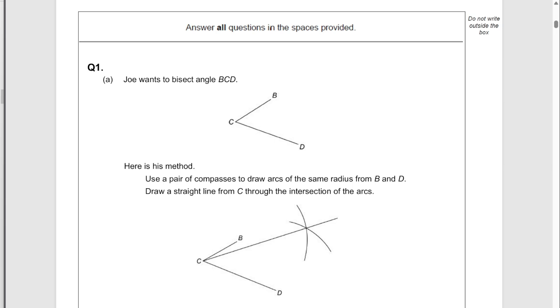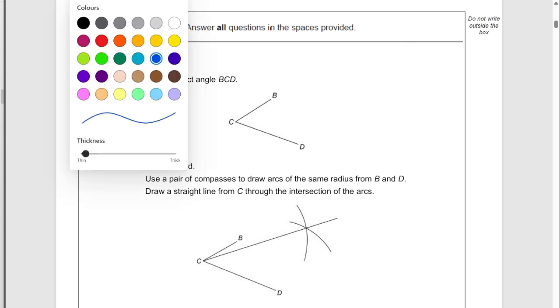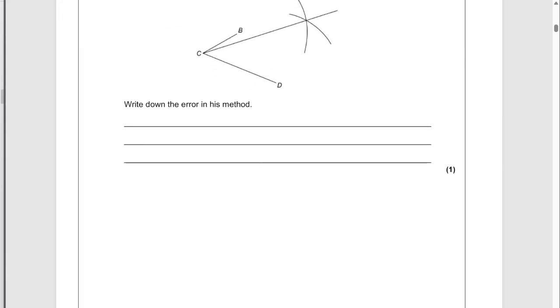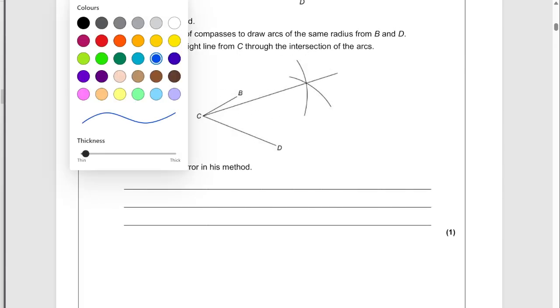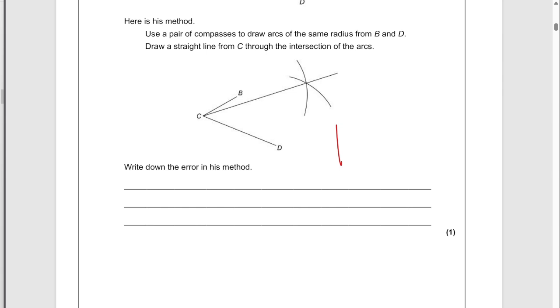So his first step should be using a compass and drawing arcs onto line BC and CD. How I'm going to describe that is he should have started by drawing arcs. So how did I write it?